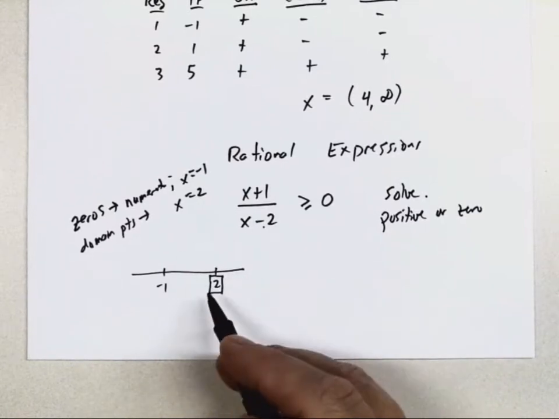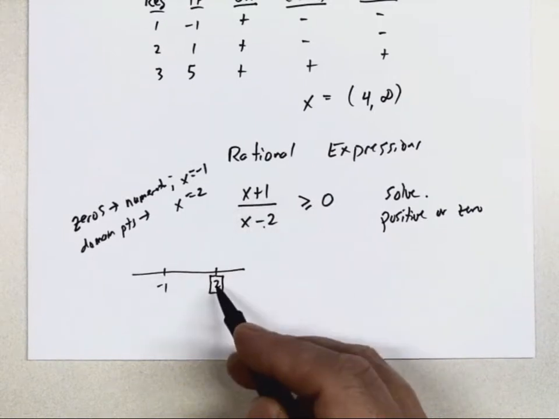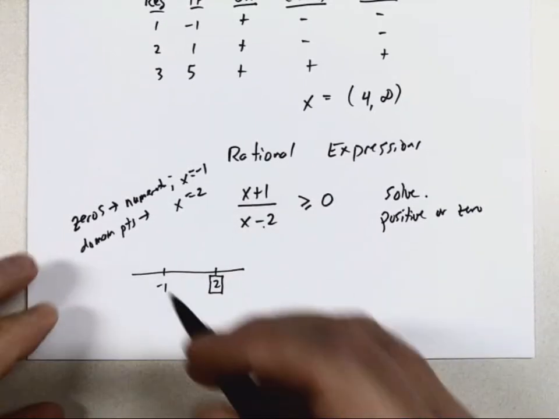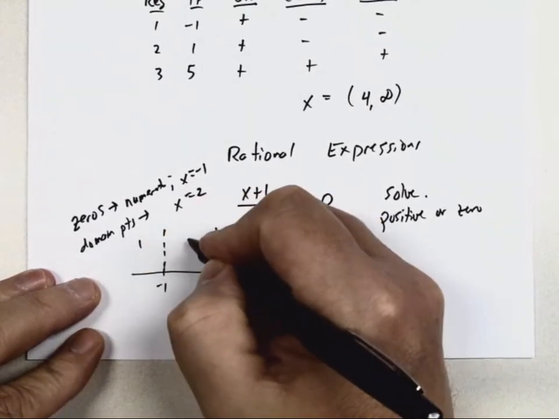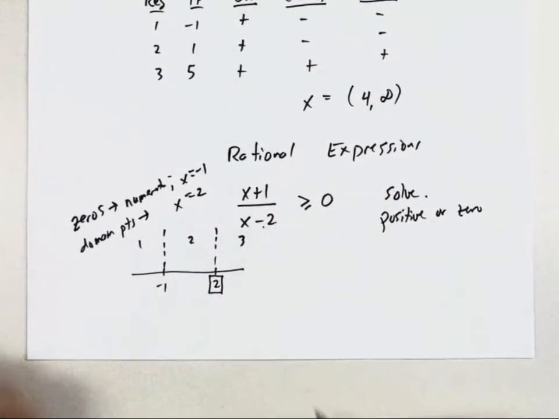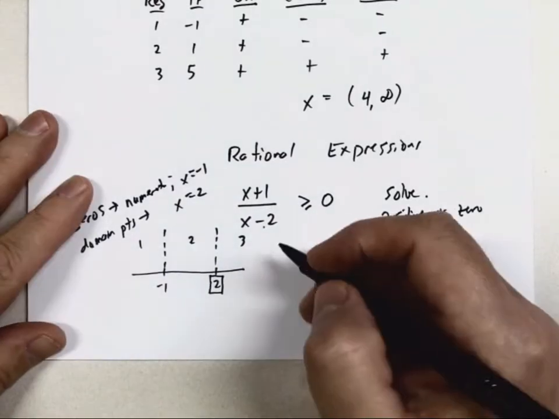Did this 2 come from the numerator or the denominator? This box says it came from the denominator. If I go ahead now, break it up into 3 regions, and now I do a sign chart.